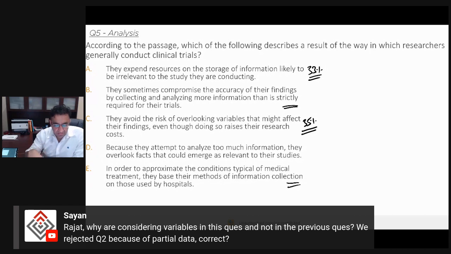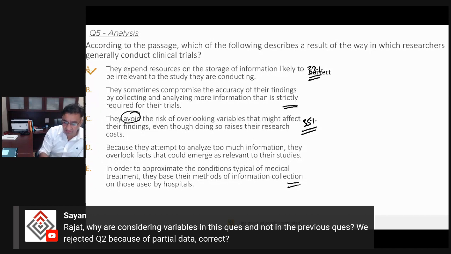So I'm going to start with choice C, which is an incorrect answer choice, but it's the most popular choice. Choice C says they avoid the risk of overlooking variables that might affect their findings, even though doing so raises their research cost. Do they really avoid the risk?